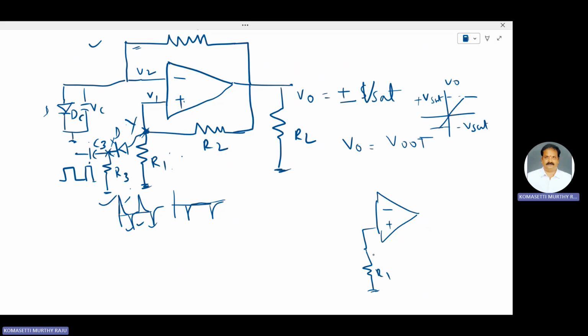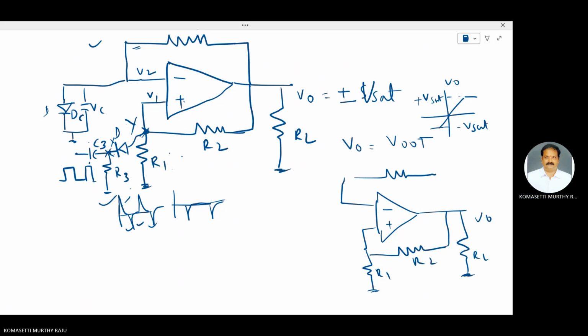This one is R1, R2, RL, V0. This one is R. This one is C. Diode D.